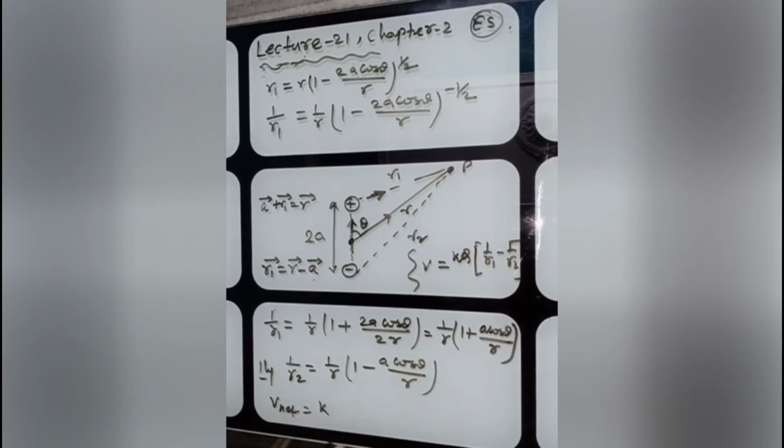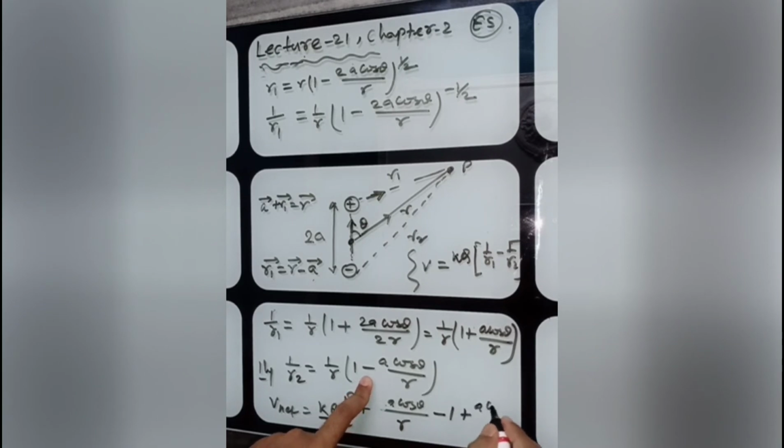Okay, my dear, kq, 1 by R1 and 1 by R2, 1 by R is common in both, so I'm taking out 1 by R. Now inside, 1 by R1 is 1 plus A cos theta over R, and minus, so I'm giving you the minus, 1 minus A cos theta by R. So this minus and plus will be cancelled out.